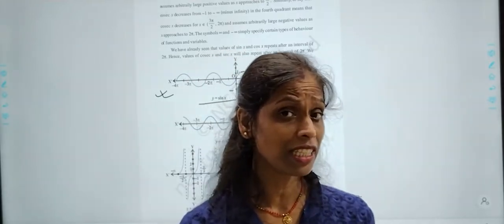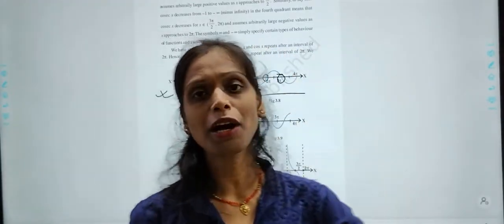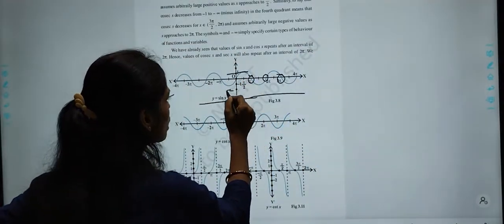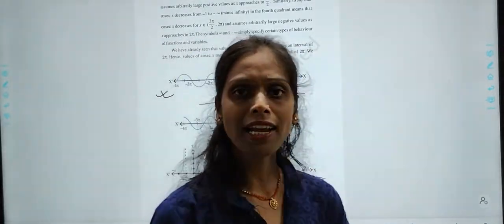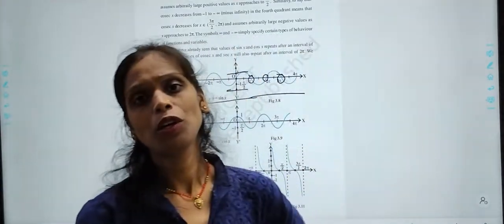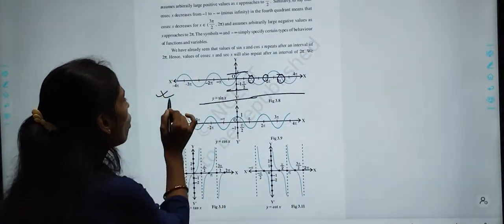Range is very easy by observing this graph. Range is 1 to minus 1. Whereas the domain is all reals.